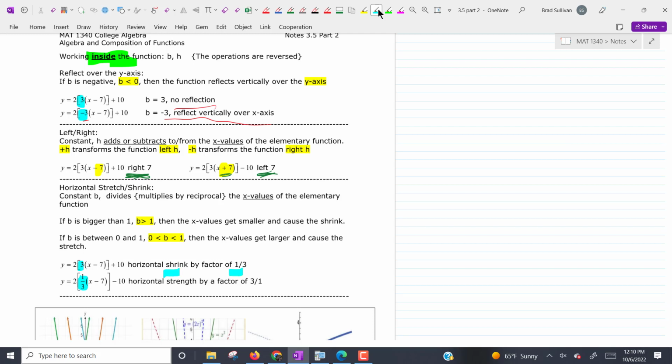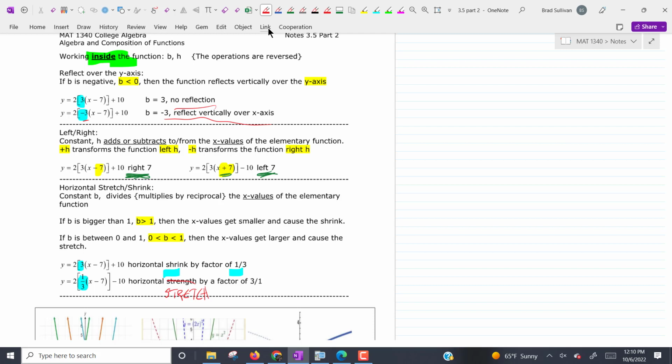And we talked about that last time. The reciprocal of 3 is 1/3. So we call that a horizontal shrink by 1/3. If this number is 1/3, a fraction between 0 and 1, that says shrink. I don't know why I put that on there. Scratch that out and make that stretch. So that would be a horizontal stretch by 3/1.